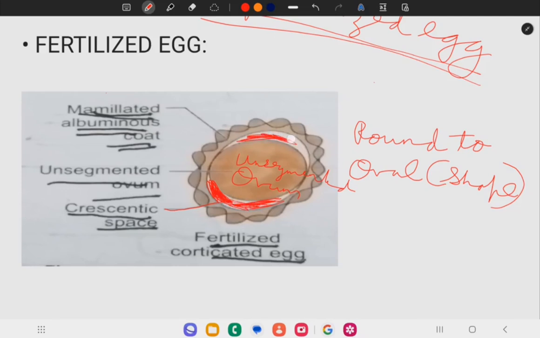The shaded portion is the crescentic space and it is surrounded by a thick mammillated albuminous coat.